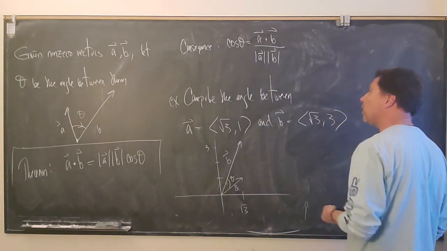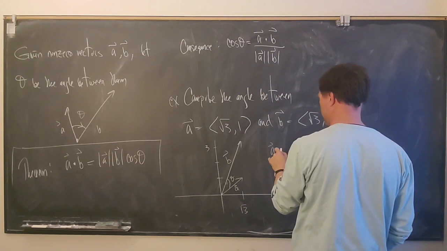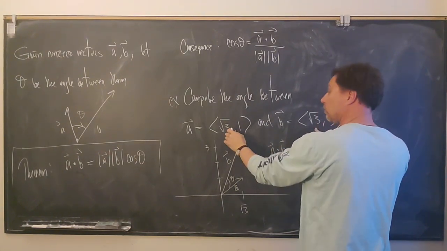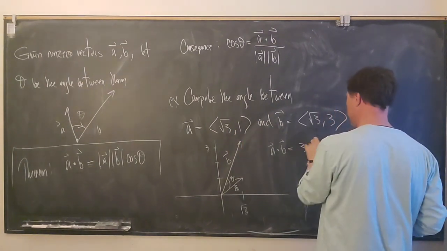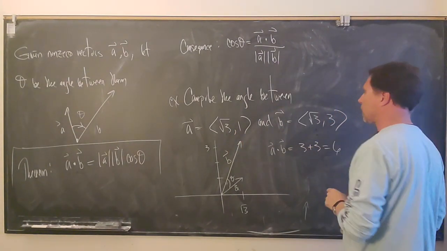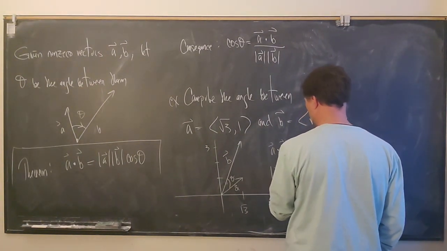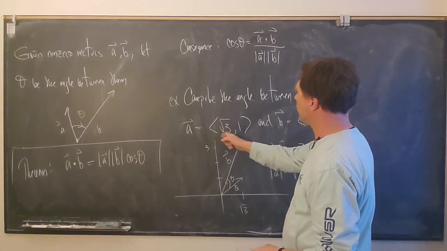And to do so, we use this formula right here. So let's compute a dot b. That's going to be root 3 times root 3, which is 3, plus 3. So we get 6 for the dot product. The length of a, that's going to be the square root of 3 plus 1.